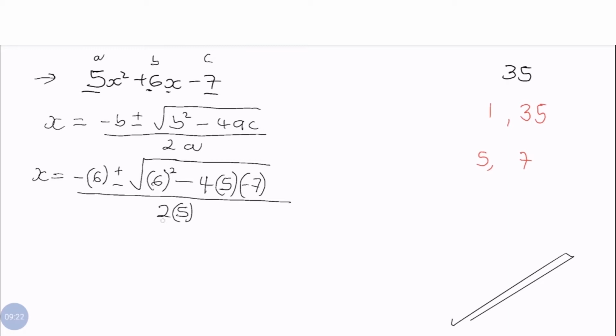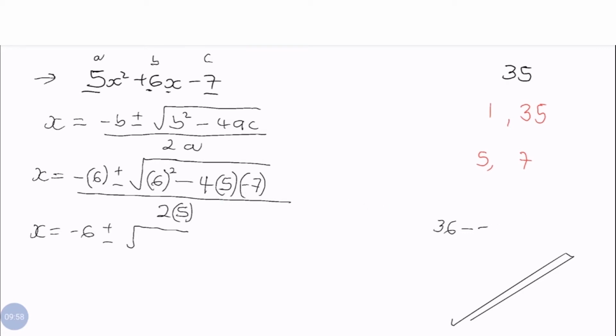So we have to sort this out now. x is equal to, this is -6 plus or minus. Let us sort whatever is under the root. 6 squared is equal to 36 minus 4 multiplied by 5 is 20 multiplied by -7, that is -140.